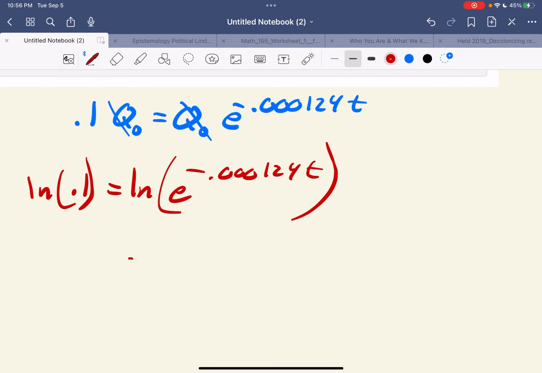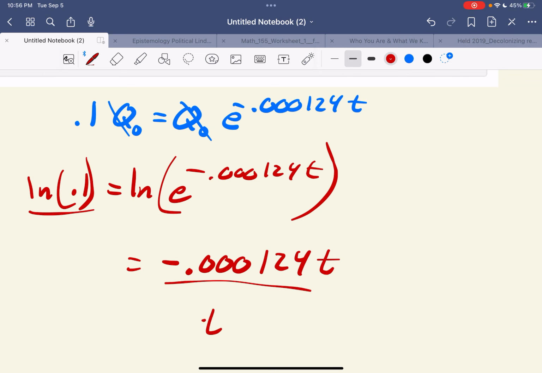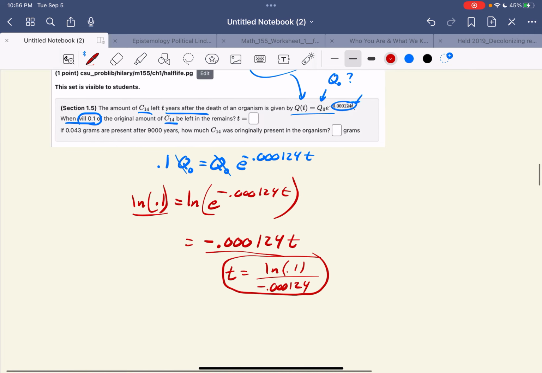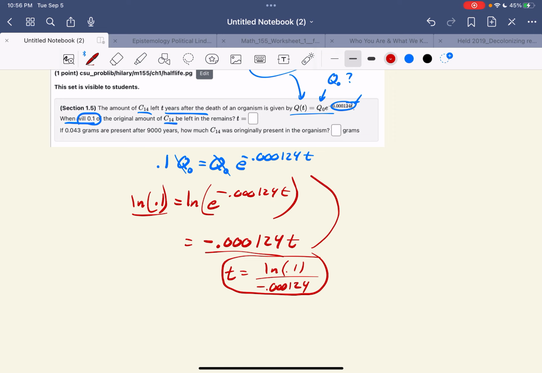They're inverse functions. What's left over is negative 0.12314 t. So natural log of 0.1 is equal to this. We want to solve for t. Well, that's natural log of 0.1 divided by negative 0.12314, and there it is. So this gross expression goes right there.